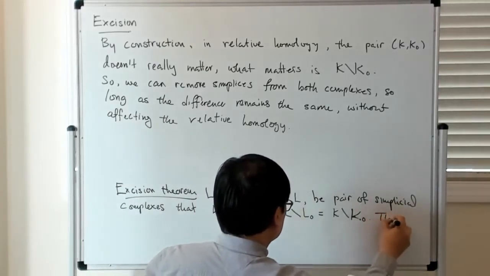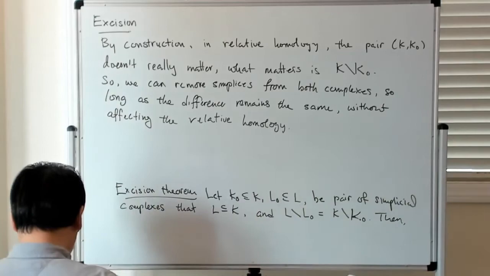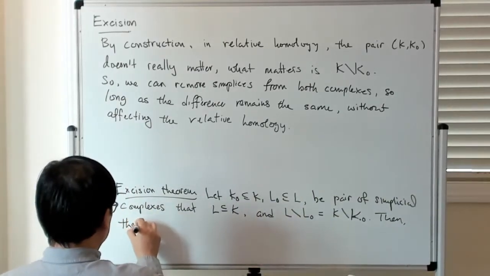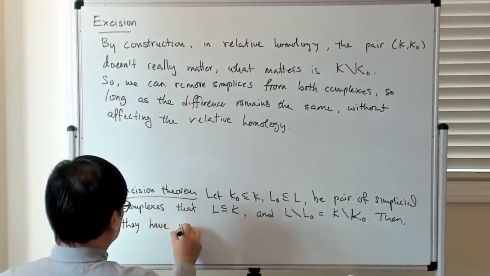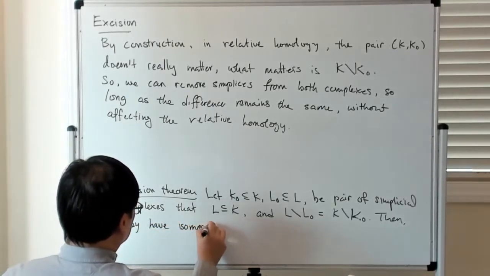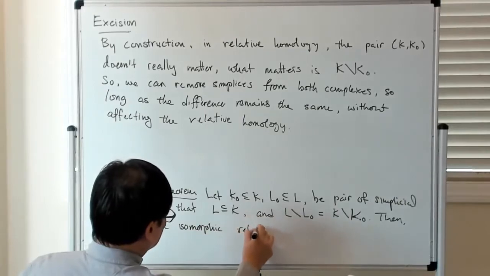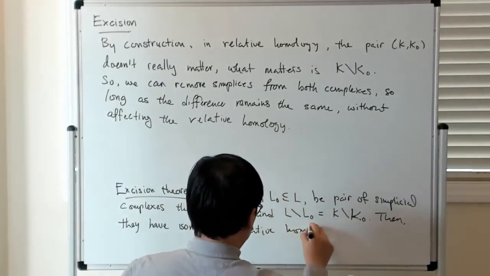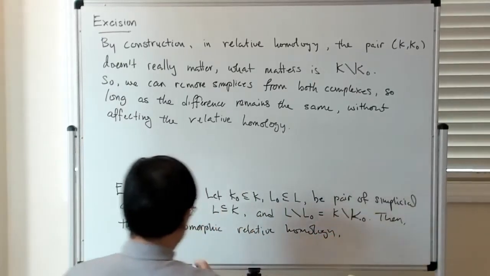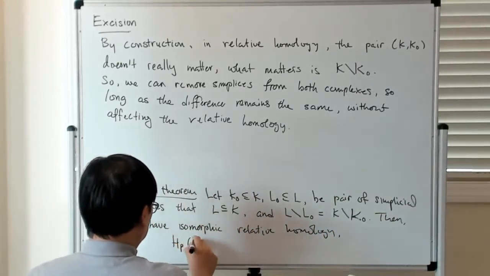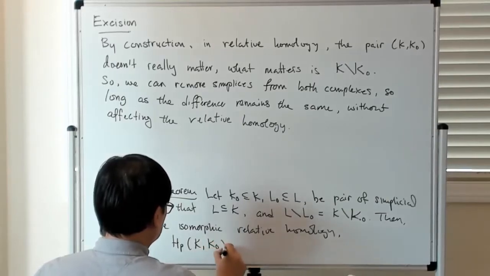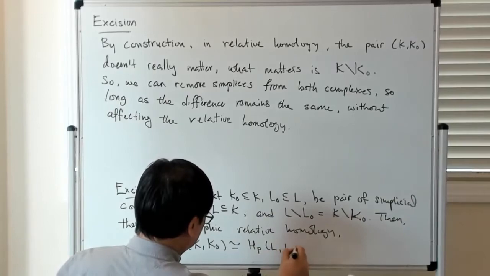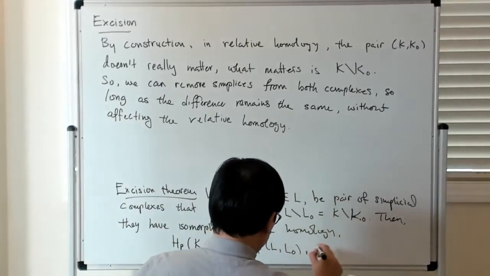Then the claim is that they have isomorphic relative homology groups, which is to say that H_p(K, K0) is isomorphic to H_p(L, L0), and this is true for all dimensions p.